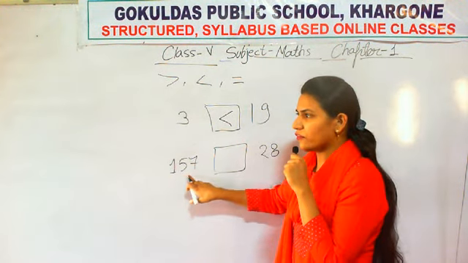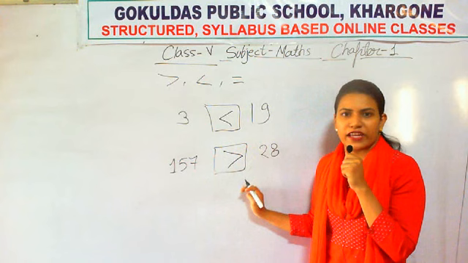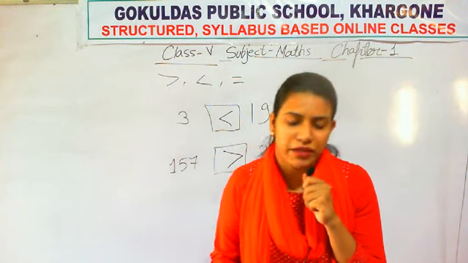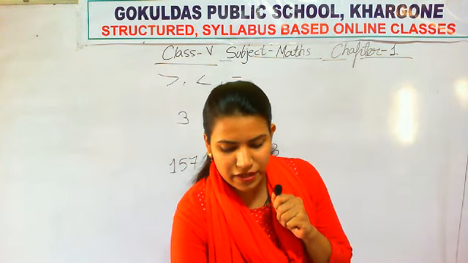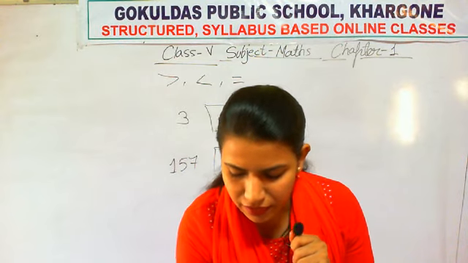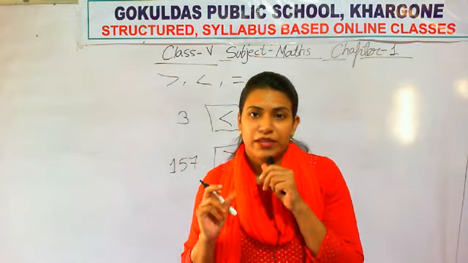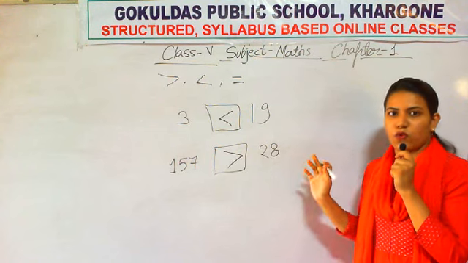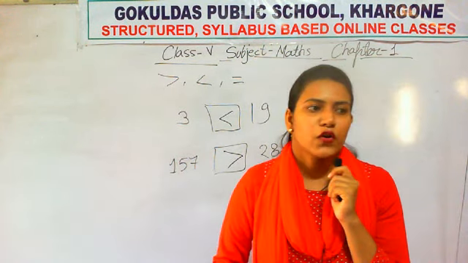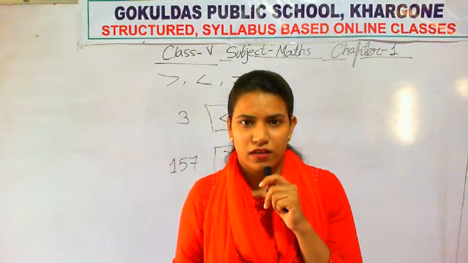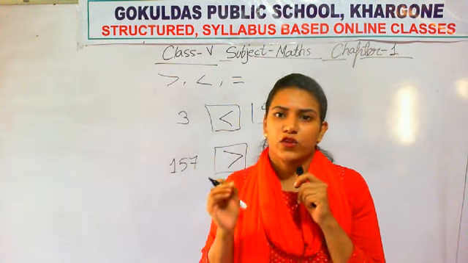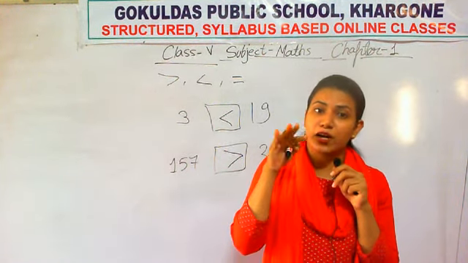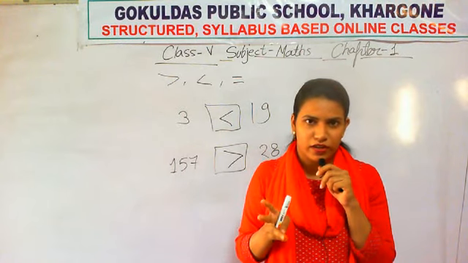So here you are comparing numbers on the basis of the number of digits both numbers have. Our first rule to compare two numbers is: first, you need to find the number of digits. Are they equal or not?